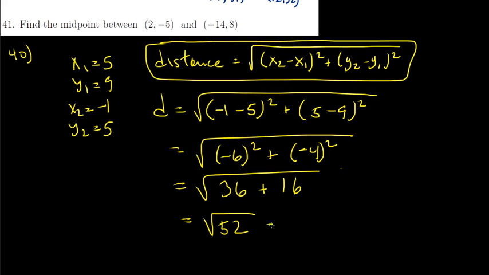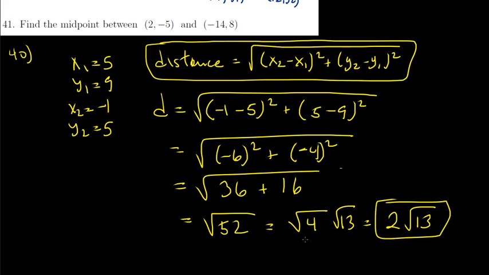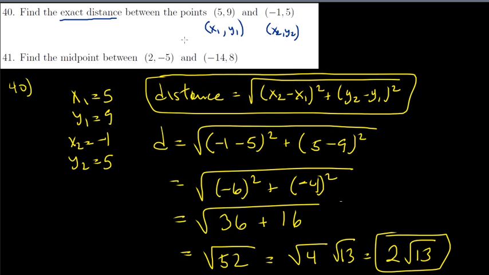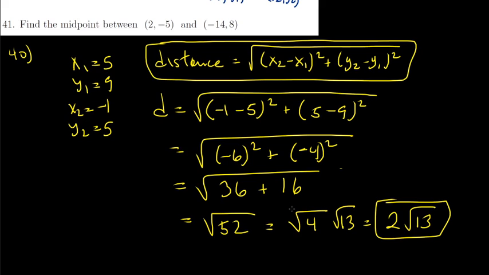And the square root of 52 is the square root of 4 times the square root of 13. So 2 times the square root of 13. I mean, yes, it's approximately 7 point something. But we're not looking to approximate. We want the exact distance, so you want to simplify it.